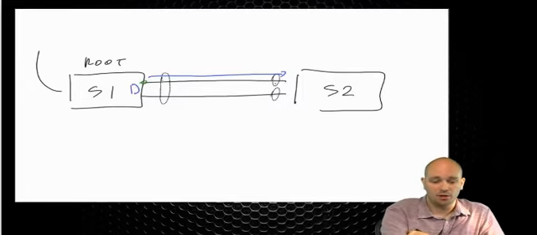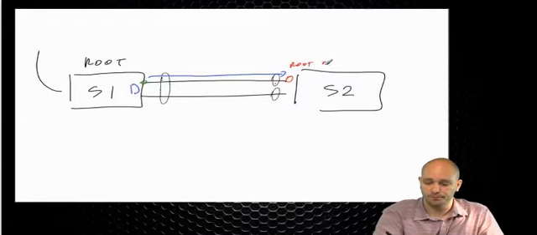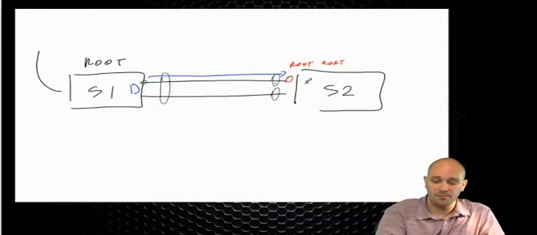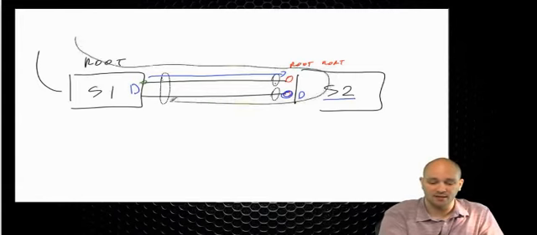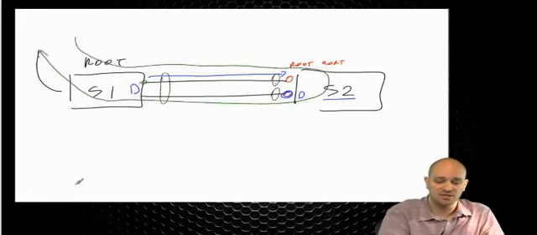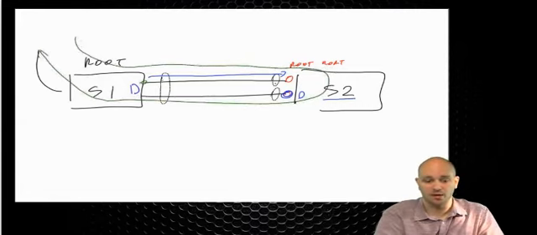So this here is going to become a root port. But because we are not receiving any BPDU frames on this port here, from the perspective of switch 2, it is going to become a designated port. So we might have traffic that is being sent this way and then sent back this way, right? Which means that we have just created a loop in our network.